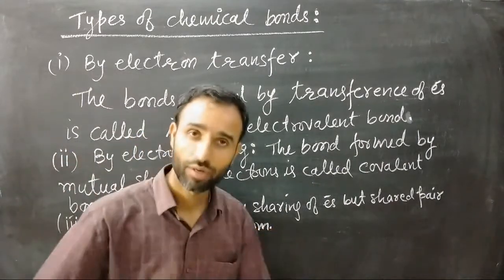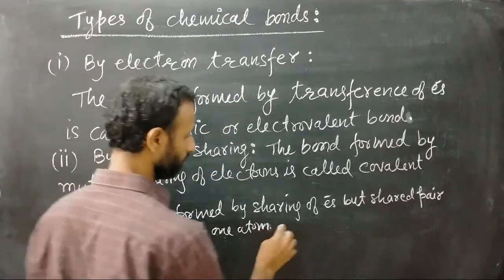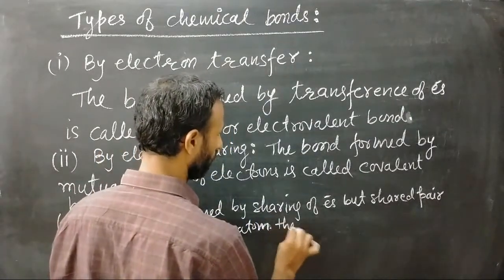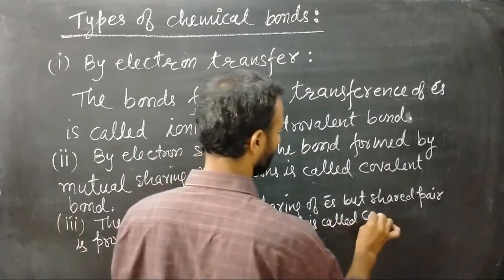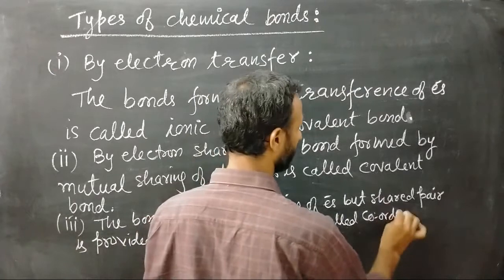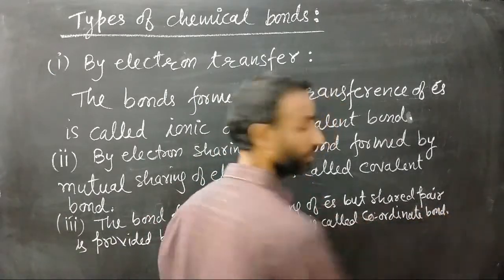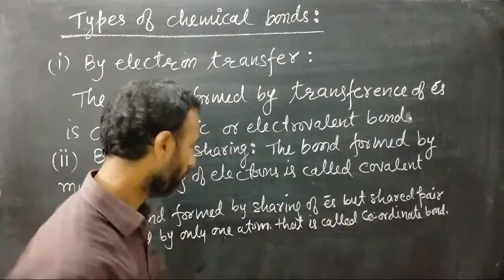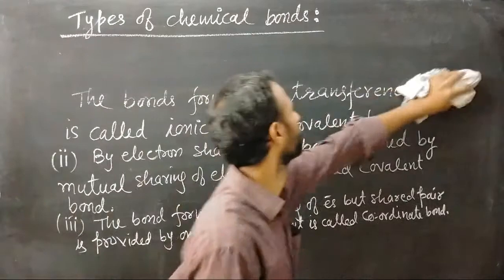Both share, but the shared pair is provided by only one atom. That is called coordinate bond. Okay, now I will explain what it means.